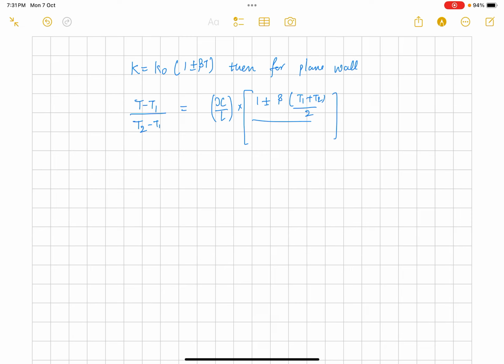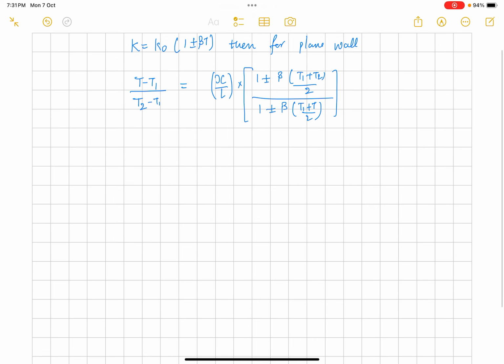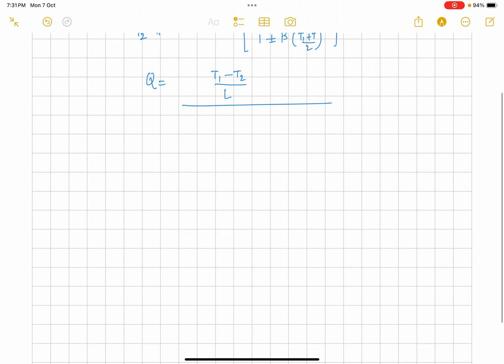divided by [1 plus beta times (T1 plus T) by 2]. And the heat transfer for this particular case is (T1 minus T2) divided by L, and then the whole divided by k naught times [1 plus beta times (T1 plus T2) by 2], times area.